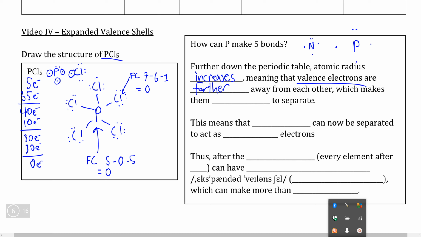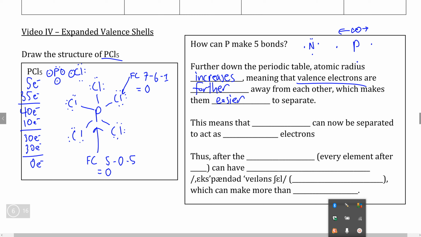Now, because these electrons are farther away from the nucleus, that makes these electrons easier to lose or easier to separate, which means that theoretically these 2 electrons in the lone pair can be pulled apart and separated more easily. And that's exactly what happens when we talk about electron configurations.